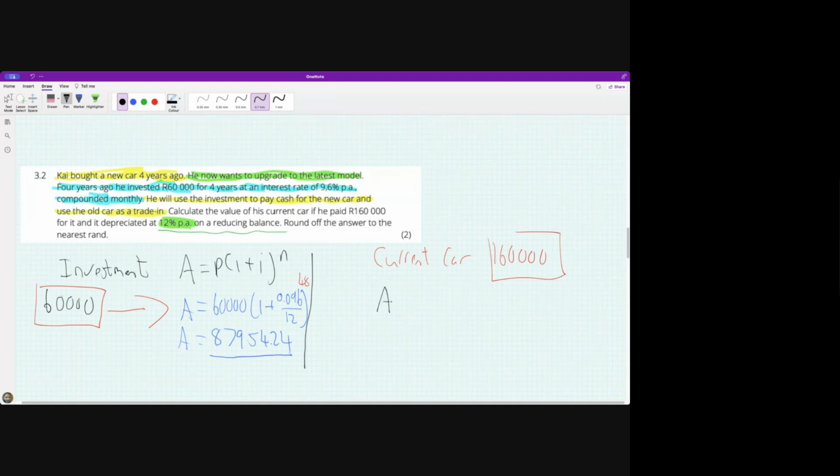So really, we have 160,000 going here, and in this space over here, we have 0.12. It's not chopped up into smaller pieces because it says per year. Now, what is the N going to be? Well, because he bought the car 4 years ago, this is going to be 4. So how much is his old car worth today?